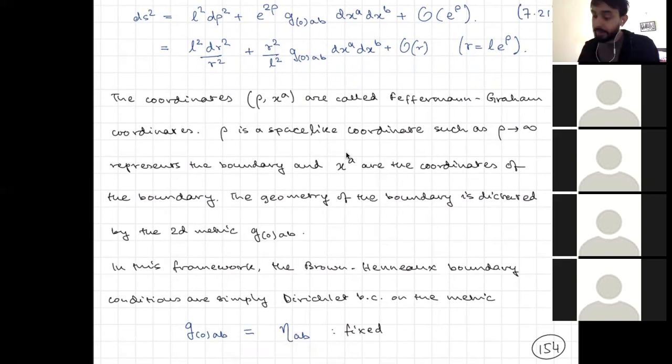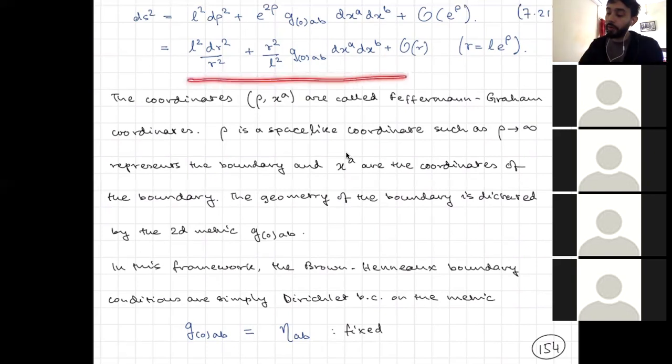Now remember that if we are to find the asymptotic symmetries, what we have to do is preserve this form of the boundary metric. Okay, so any particular diffeomorphism that you have will have to preserve this form of the metric. So let's try and see how we can do that.